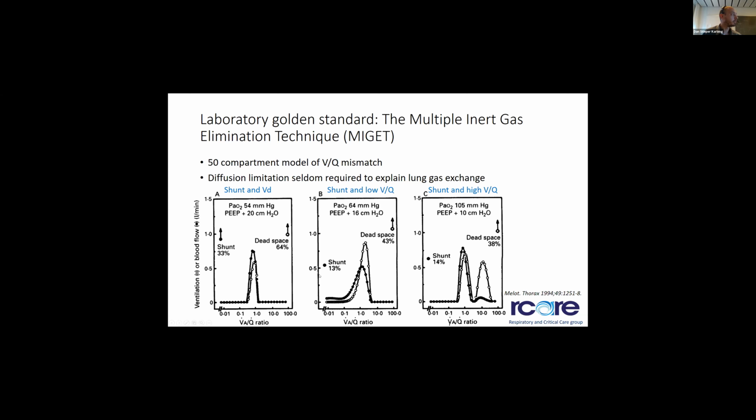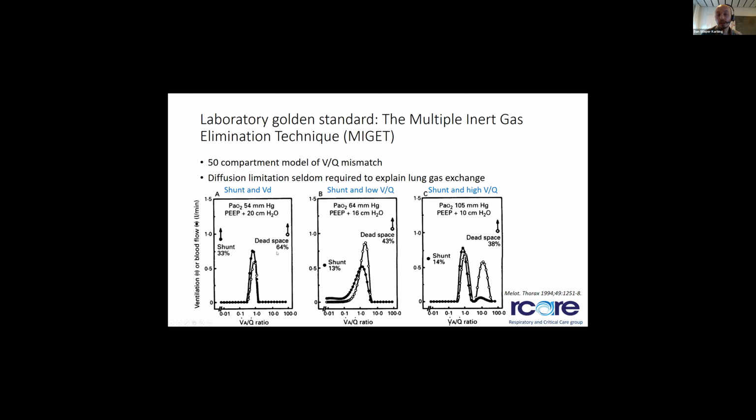These are different patients, and each dot here is one of these 50 compartments, where we see the ventilation, the open circles, and the perfusion, the blood flow, with the closed circles. Then we see the matching across the different VQ ratios between ventilation and perfusion. We have the two extremes: ventilation perfusion of 0, that is shunt, and ventilation perfusion of infinity, that is dead space.